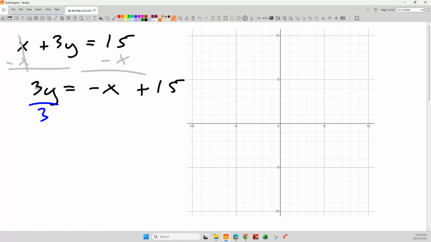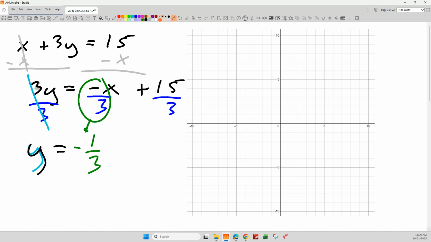So I'm going to divide the first term by 3, and the second term by 3. This is great because that cancels the 3's. So I get y by itself, which is what I wanted, equals, what's going to be the coefficient of x there? Negative 1/3. Everybody agree? When I simplify that fraction, I've got a negative 1 on the top and a 3 on the bottom. So I'm going to write that as the fraction negative 1/3.